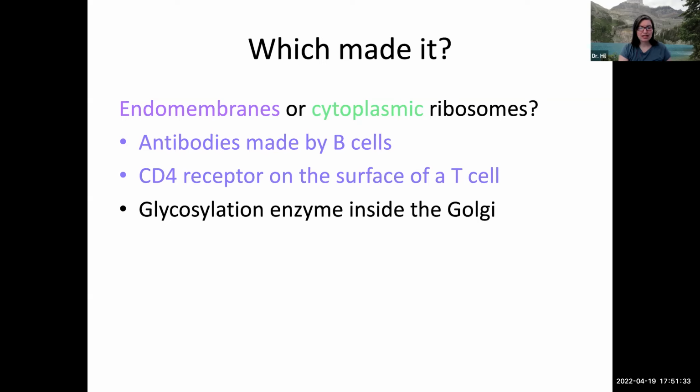Let's suppose there's an enzyme that needs to go to the Golgi because it's going to do its job there. It's one of the enzymes that glycosylates things in the process of the endomembrane system making stuff to go outside. So we need this enzyme inside the Golgi. Does that mean we make it in the endomembrane system or in the cytoplasm?